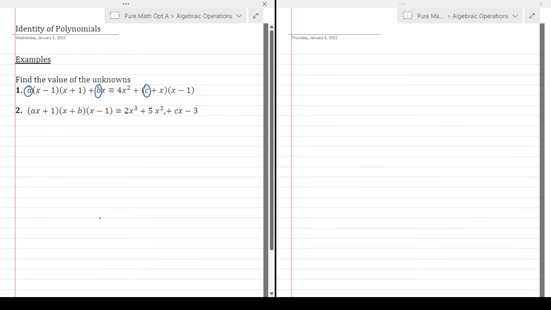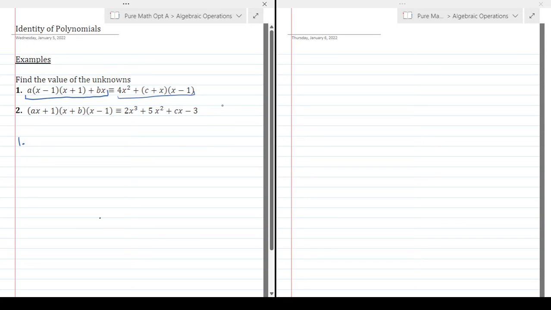So anyway, as I was saying, if I want to work out number one here to get the value of the unknowns A, B, and C, I need to get this partially factorized looking thing into a pure polynomial, in that the distinct terms are just a coefficient and a power of x. So I want to expand out that, and I'm going to expand out this one as well.